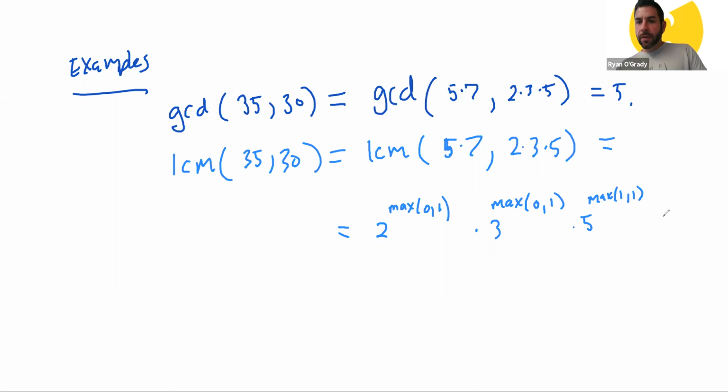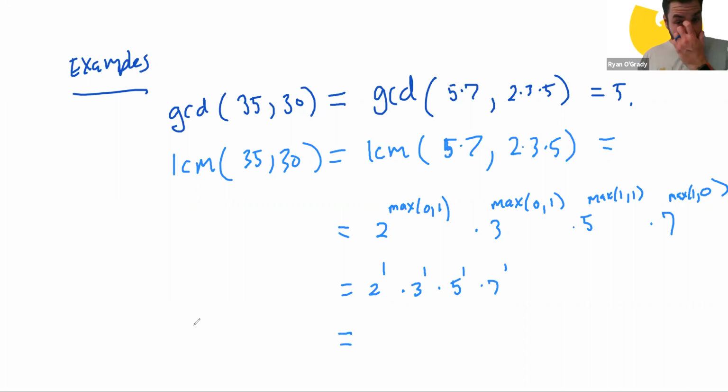And for 7, there's 1 power in the first number and no power in the second number. And so this becomes 2 to the 1 times 3 to the 1 times 5 to the 1 times 7 to the power 1. Or if you want, 30 times 7, which is 210.